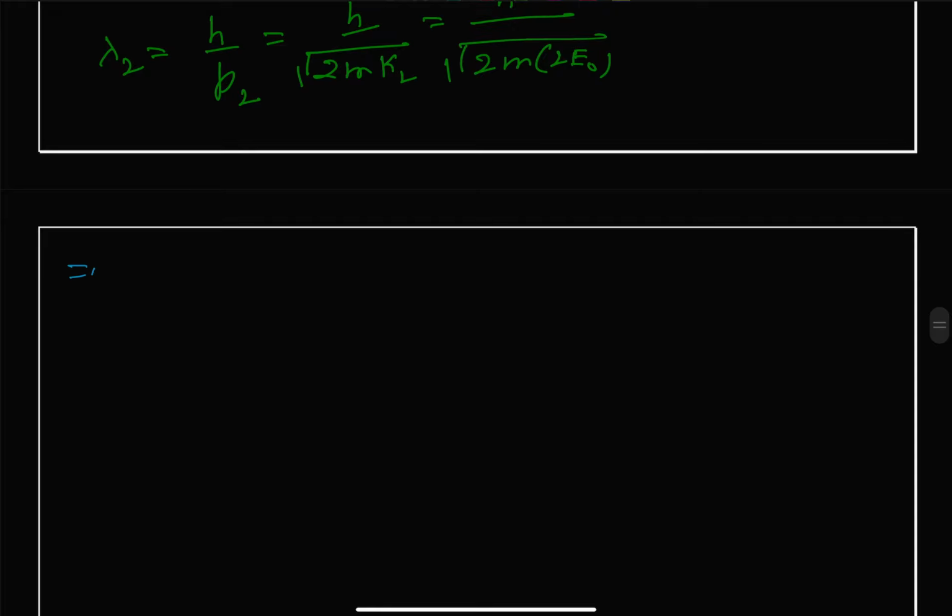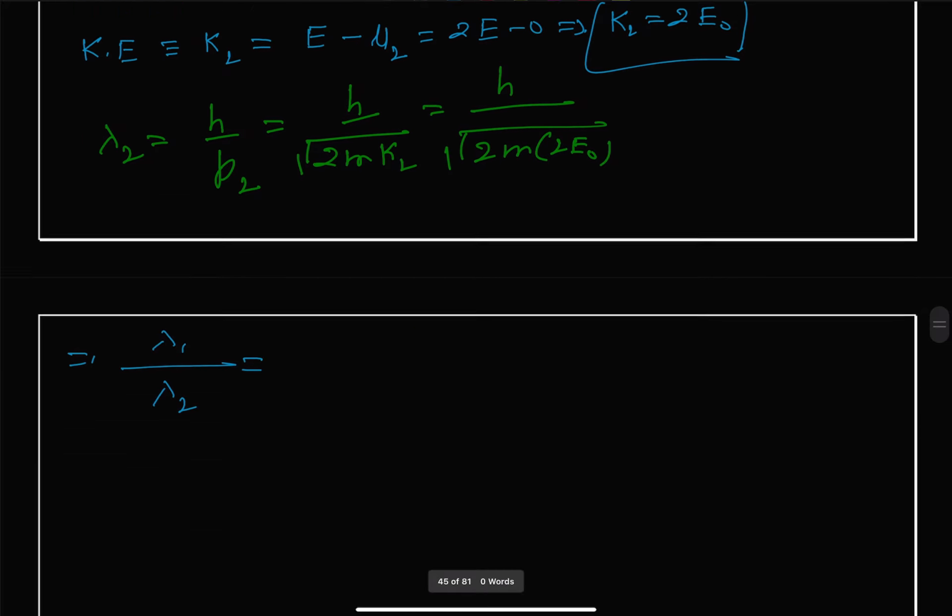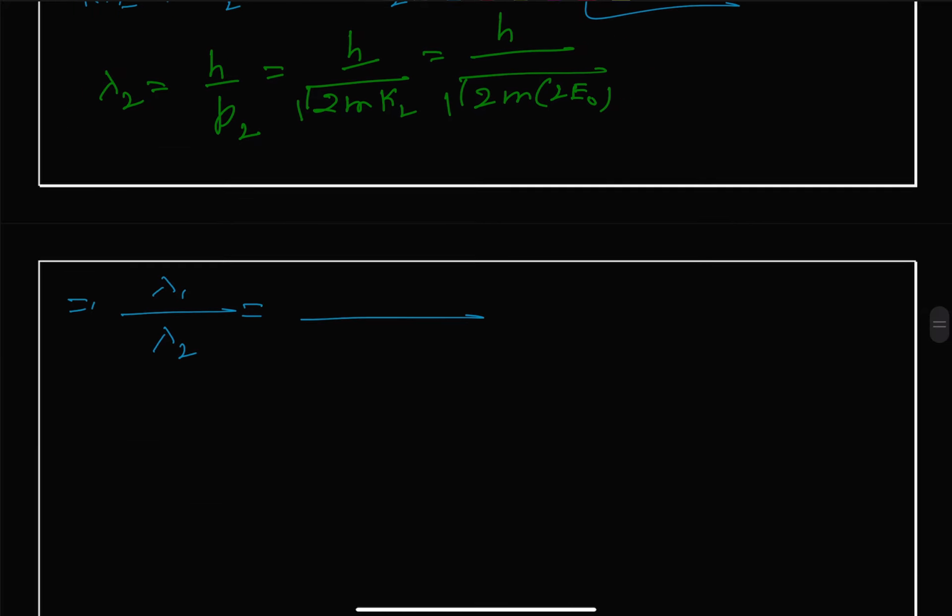So we get lambda 1 upon lambda 2, and lambda 1 is h upon square root of twice m E naught, and this is h upon square root of twice m, and this is twice E naught square root.